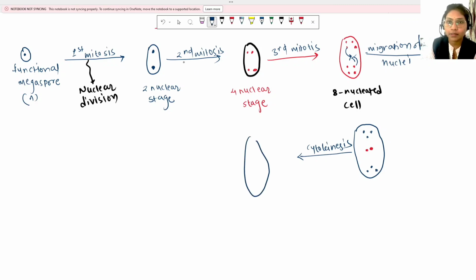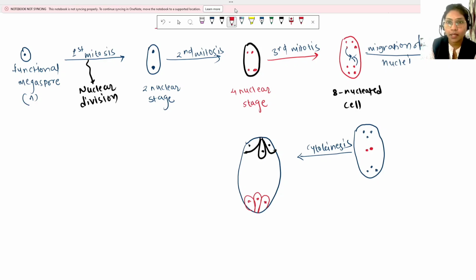After cytokinesis, there will be cell wall formation. On the upper side, there will be 3 cells, which are known as antipodal cells. On the lower side, there will be 3 cells, which are known as the egg apparatus, and there is the central cell.